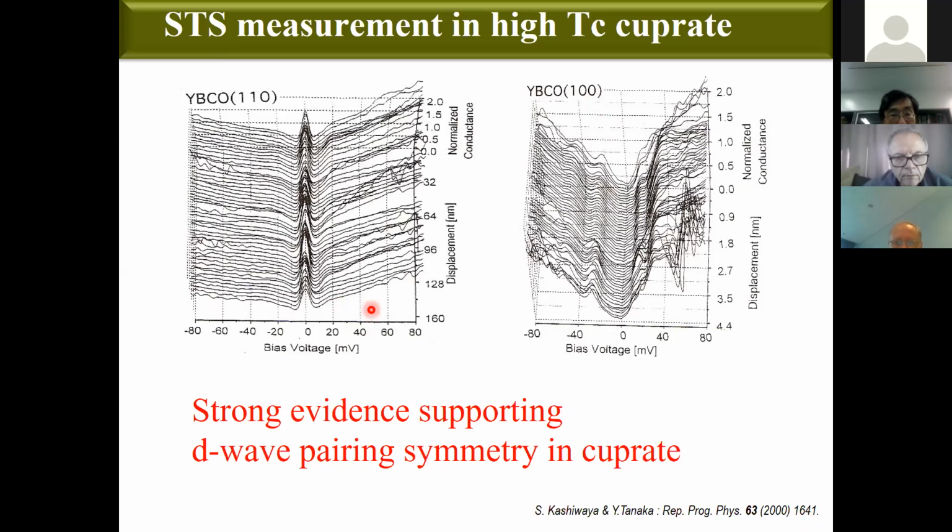Kashiwaya measured tunneling spectroscopy on a well-characterized YBCO surface, produced on a strontium titanate oxide surface, and a zero bias conductance peak was nicely observed. On the other hand, for the 100 direction, there is no zero bias conductance peak, consistent with our theory.